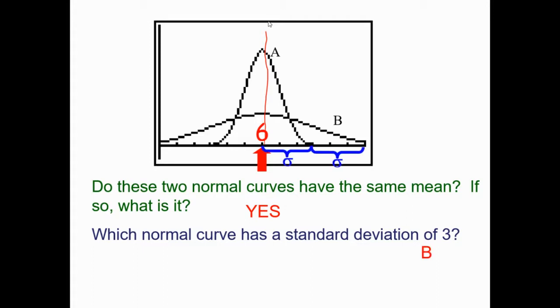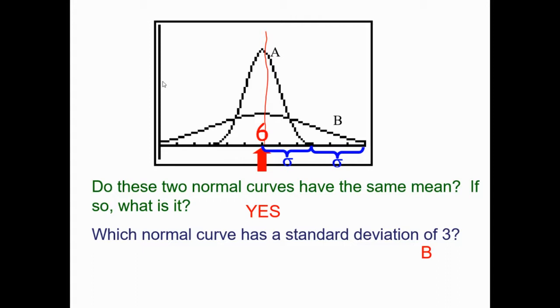It would be the shorter one, B. The way we know that is because B is a lot flatter. Our options here were 3 or 1. B's the flatter of the two, so it's going to have the bigger standard deviation.